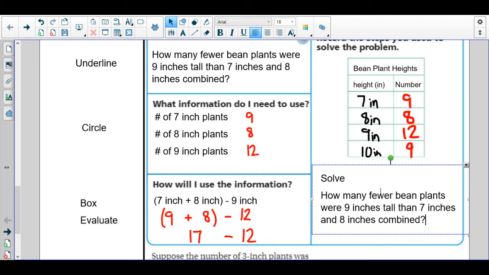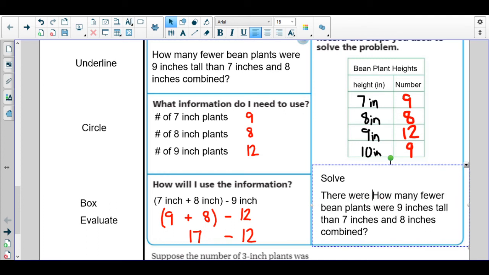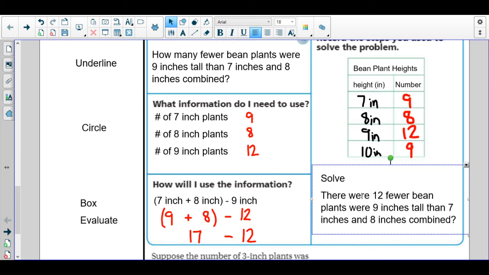All right, so how many fewer beans? We're going to say there were 12 fewer bean plants that were 9 inches tall.